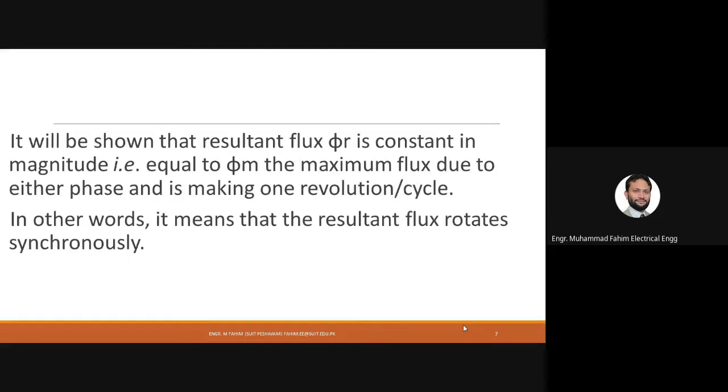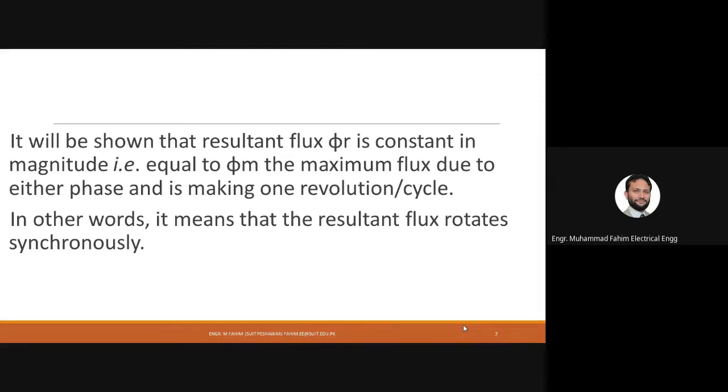It will be shown that the resultant flux phi r is constant in magnitude, equal to phi max or phi m, the maximum flux due to either phase, and it makes one revolution per cycle.